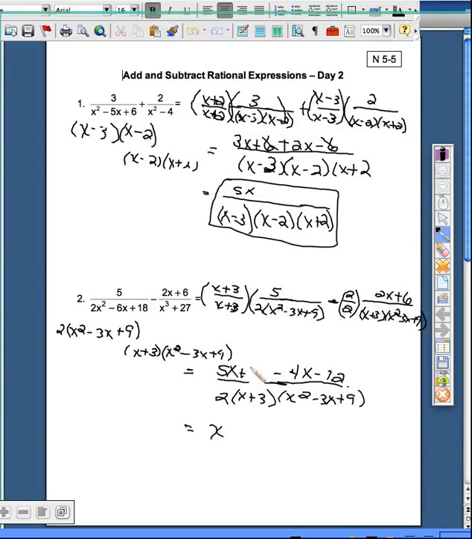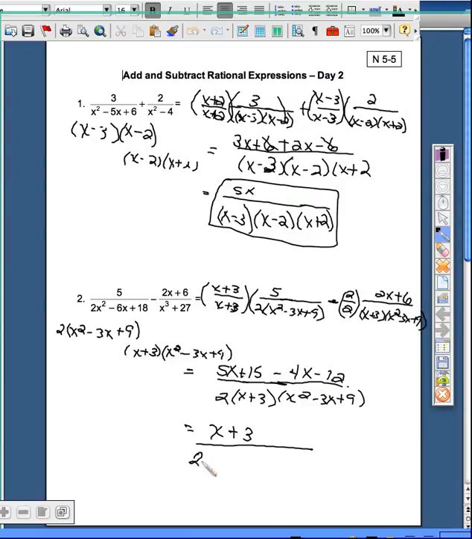That should have been 5x plus 15. Okay, 15 minus 12 then, if I can get all my math straight, is x minus 3 over all of this denominator, should be x plus 3, plus 15 minus 12 is plus 3.